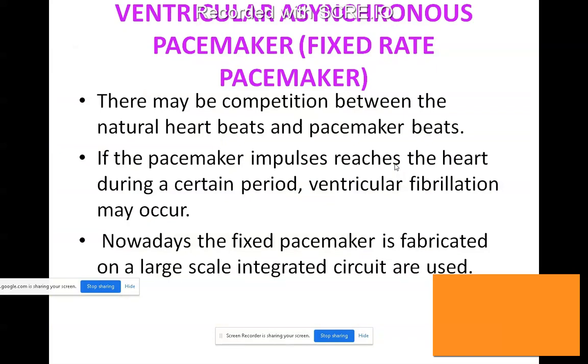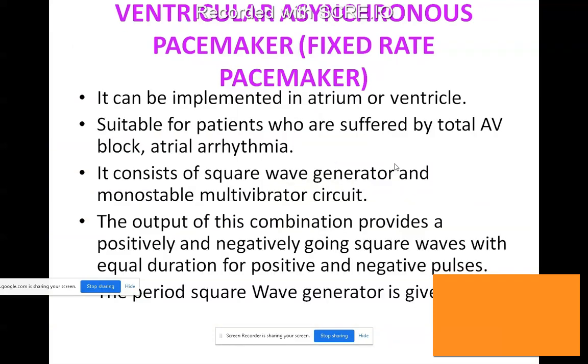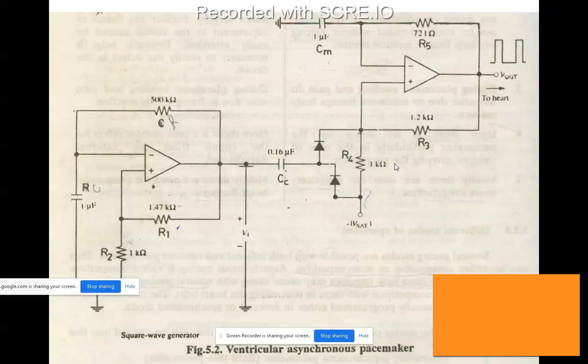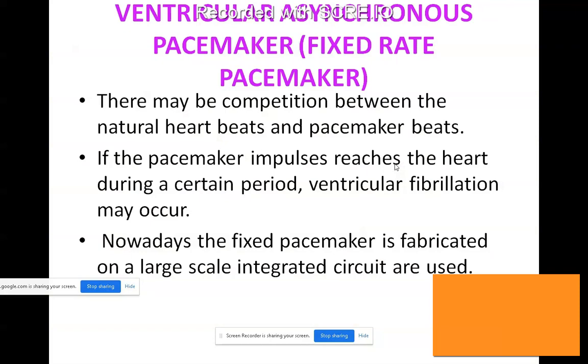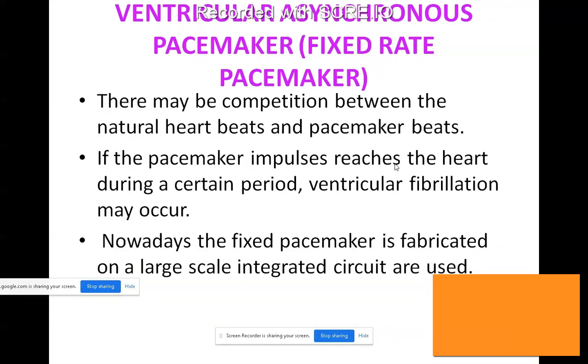Next, ventricular asynchronous pacemaker mode. This is also a fixed rate pacemaker. So here, in the first mode, you will have competition between the natural heartbeat and pacemaker beats.